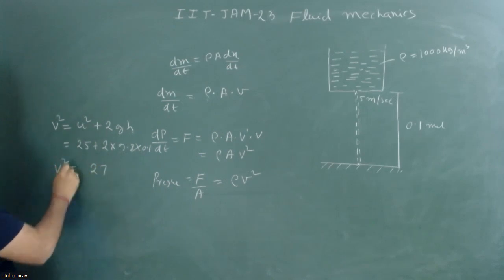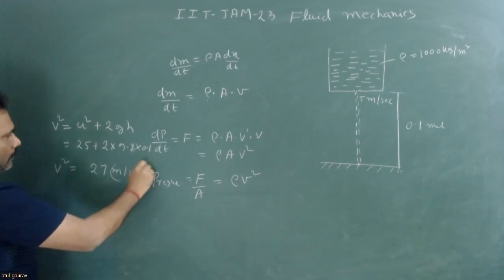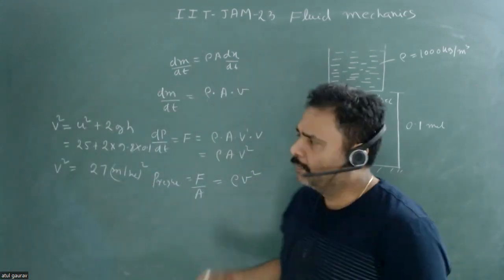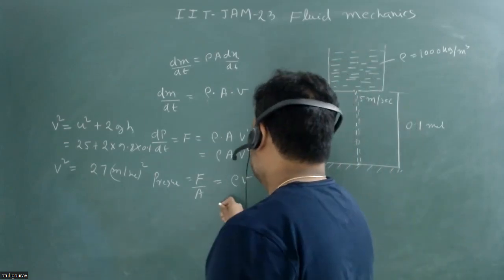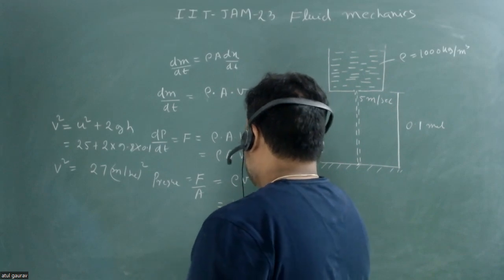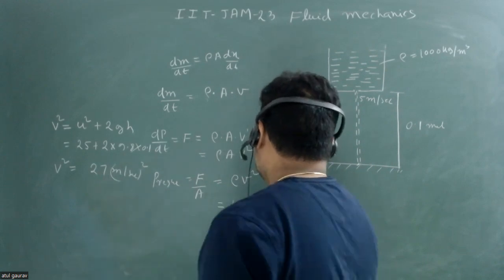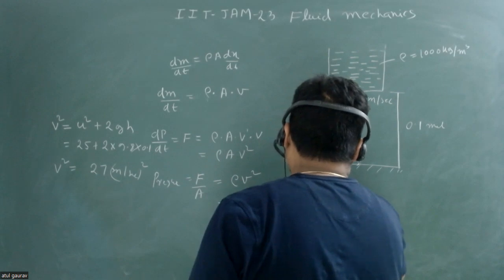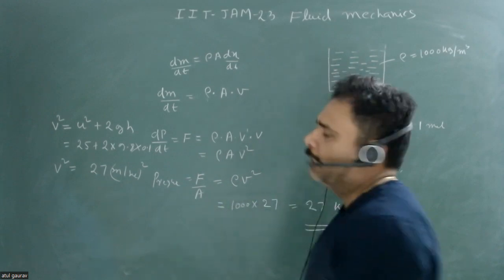So this v square is 27 meter per second whole square. And now we have to find the pressure in terms of kilonewton per meter square. So this is given by 1000 into v square, which is nothing but 27 kilonewton per meter square. So this will be your answer.